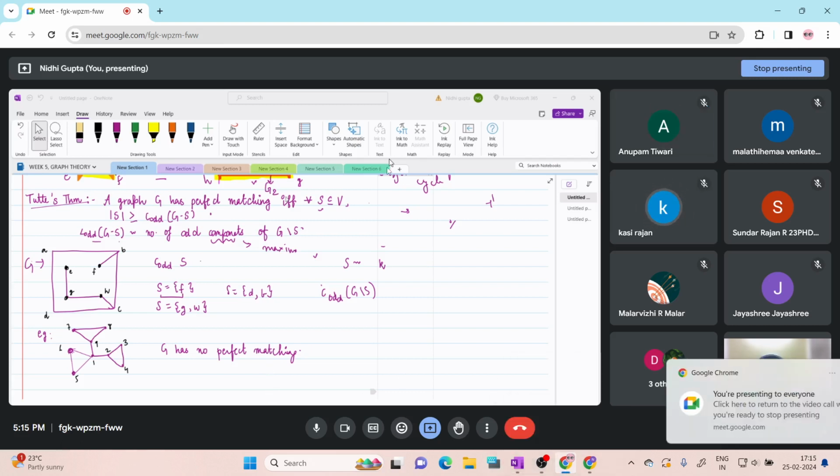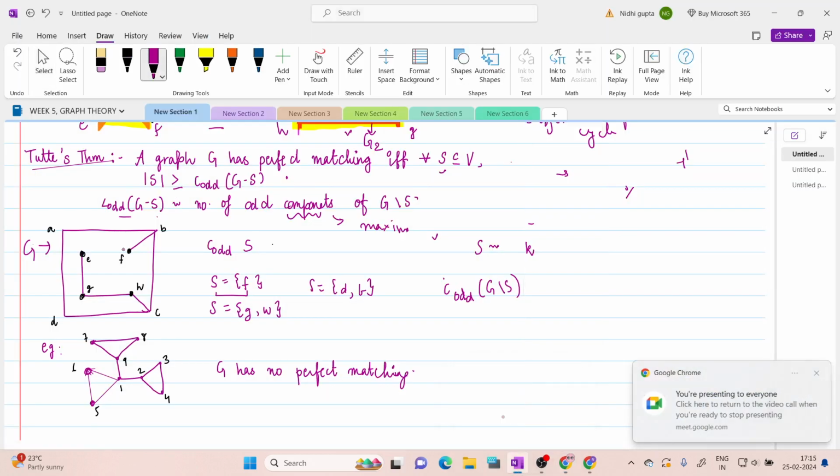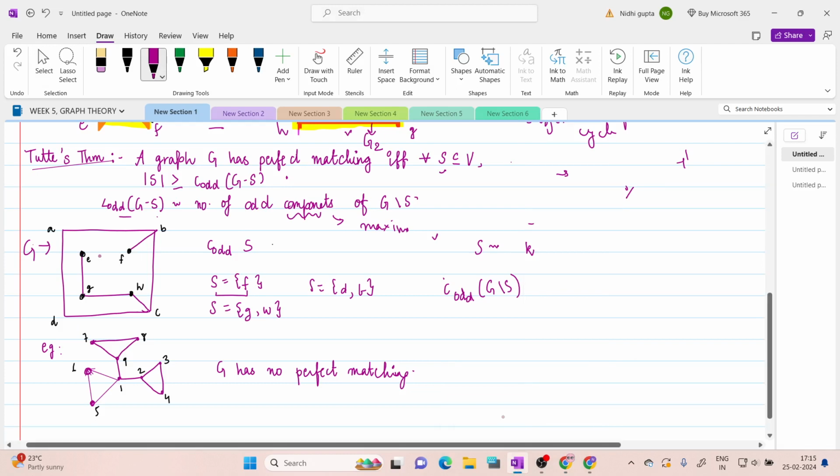So if we take S to be F, if we remove F, then the graph remains connected. And how many vertices do we have? 1 2 3 4 5 6 7 8. So we just get one component for this. What about if we remove D and B?